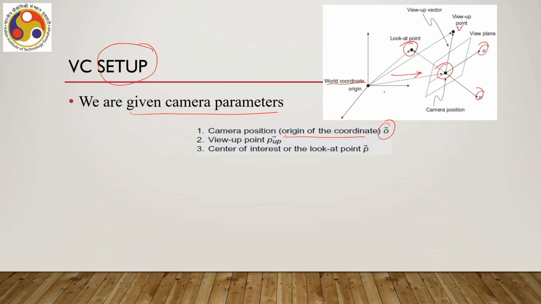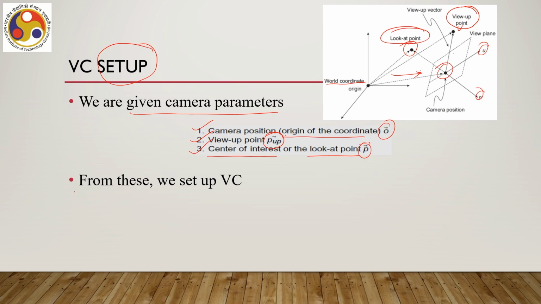Then second is the view up point, again can be another vector, and the view up direction we can define with respect to the vector, and third is the center of interest or the look at point P. So, before taking a photo, we typically focus on a look at point or center of interest and then capture the photo. That idea is taken here.